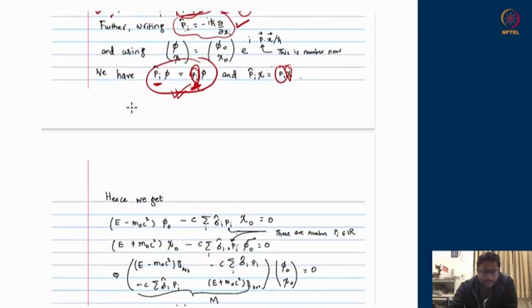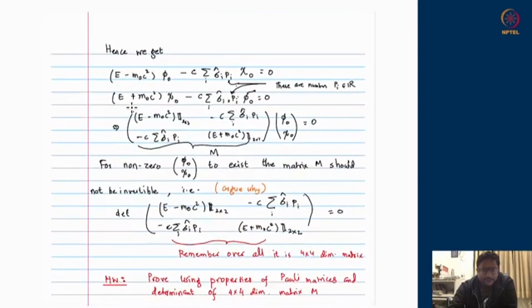So what we will get is E minus m naught c squared times phi naught would be equal to c times sigma i, eigenvalue p i this time, times chi naught. Remember, psi had become constant phi naught, constant chi naught times the plane wave e to the power minus i E t plus p dot x upon h bar, everything upon h bar.